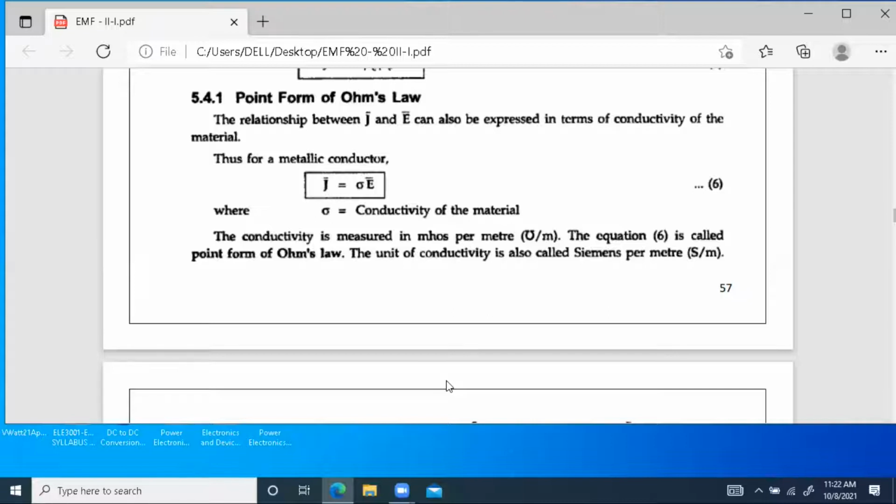All right. Let us look at it in detail now. J is the current density, equal to the conductivity of the material times the electric field. Right?